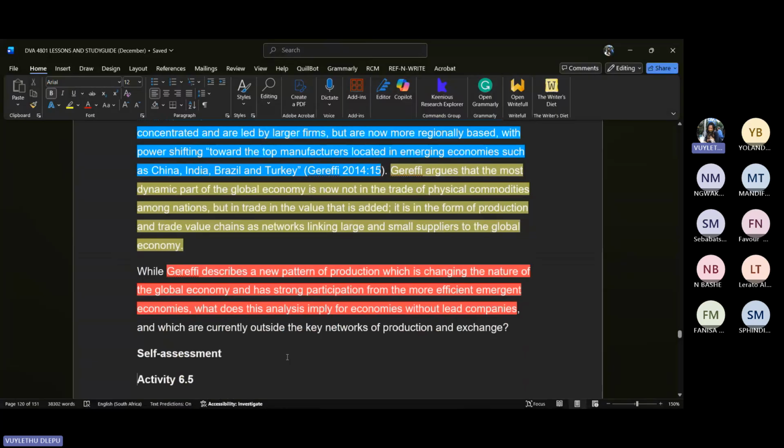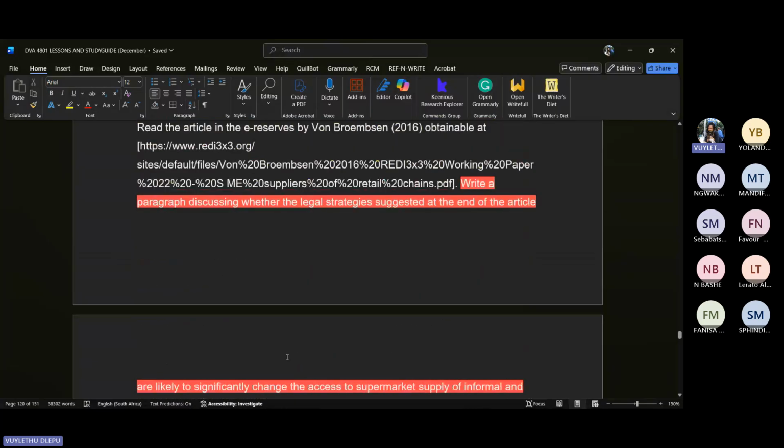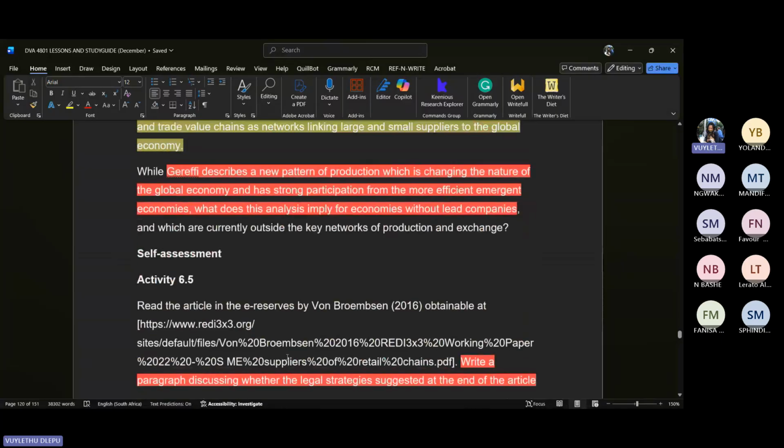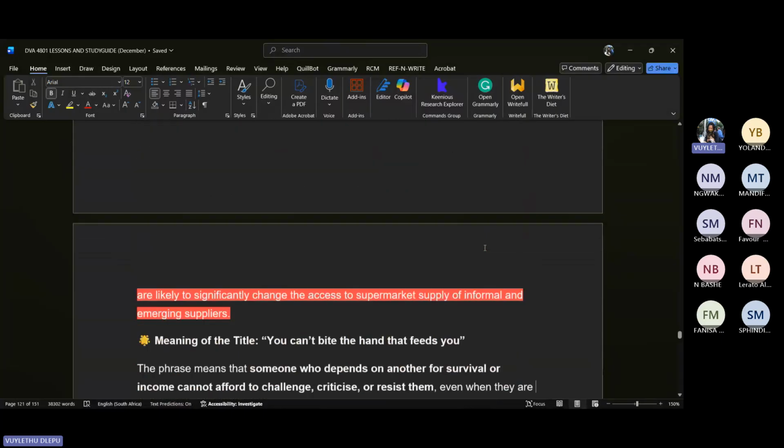So some of these, you just have to read them and absorb. 6.5 says, read the article in the e-reserves by Van Broomsen, and then write a paragraph discussing whether the legal strategies suggested at the end of the article are likely to significantly change the access to supermarket supply of informal and emerging suppliers.